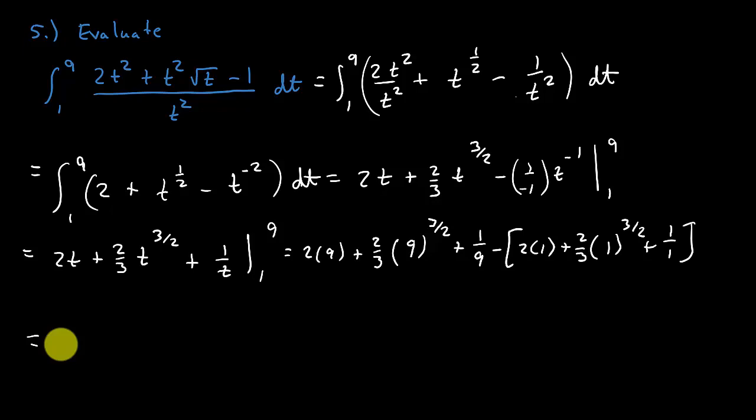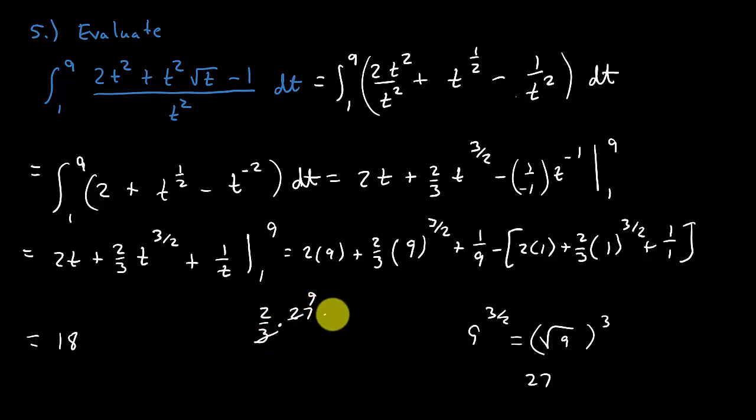All right, so that's going to give me 18. The 2 times 9 is 18. Now let's look at this term. I've got 2/3 times 9 to the 3/2. Well, remember, 9 to the 3/2 is the square root of 9 cubed. The square root of 9 is 3. Raise that to the 3rd power, that's 27. And so I have 2/3 times 27. Well, that's 9, and that is 18.